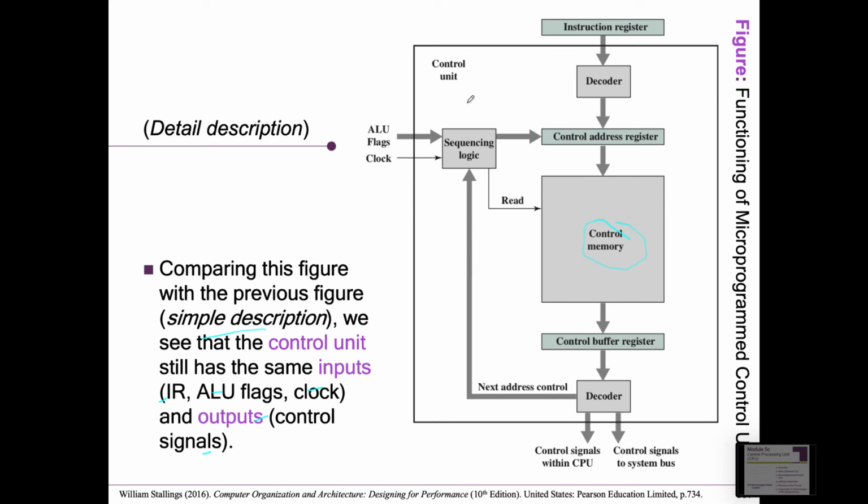The control unit also has sequencing logic, a decoder, and the control buffer register. From here you can see you also have the input of your flag and also your clock. ALU is supposedly outside.